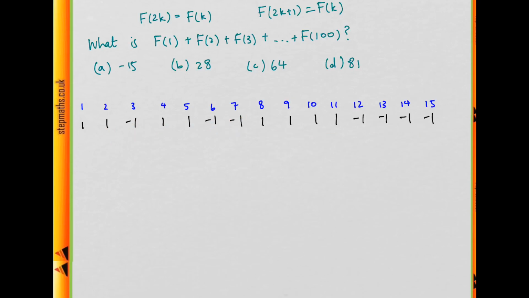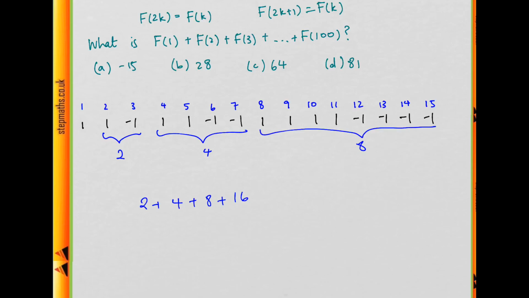Let's try and add these up. Here we have a group of 2 numbers that cancel, then a group of 4 numbers that cancel, then 8 that cancel, and 16 that cancel, and we just keep track of how many numbers we've had so far. So far we've got 30, then plus 32 numbers cancelling out, so that's 62 in total.